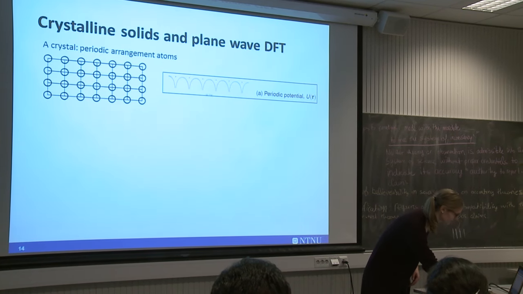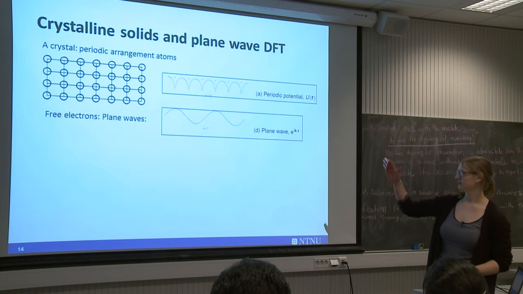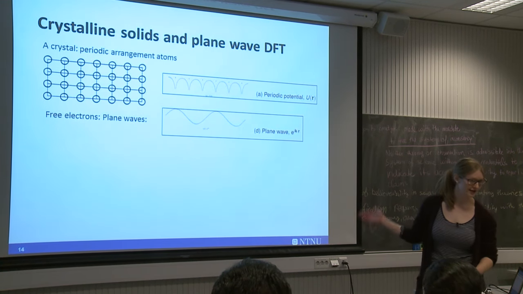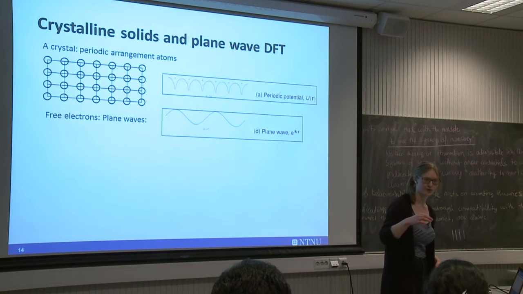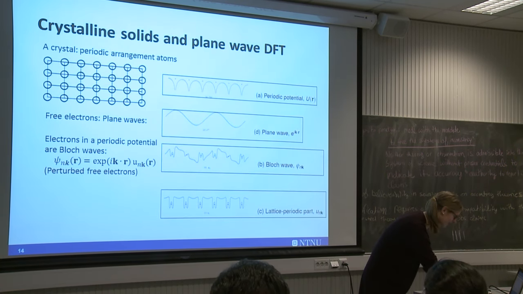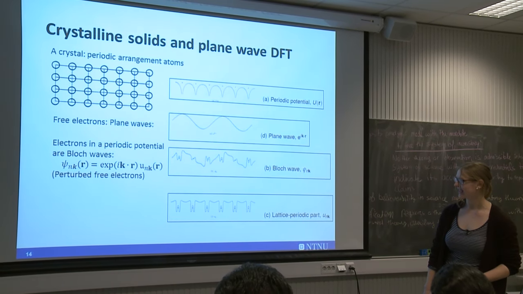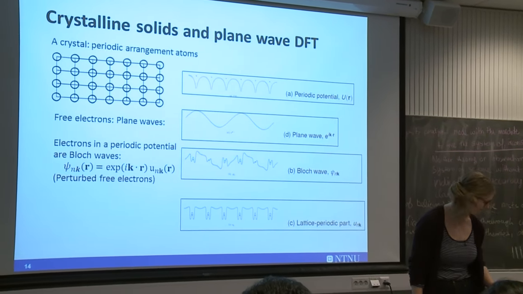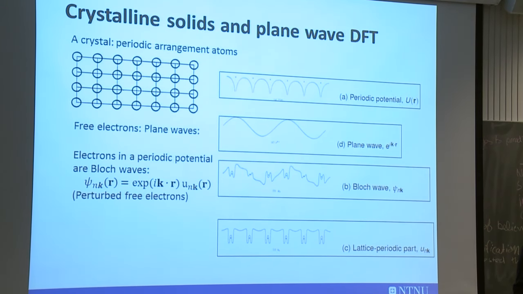Looks like this. A free electron is represented by a plane wave. This looks like this. But what happens if you put an electron in a crystal? How would the wave function look like? And this guy Bloch found out some nice things. The result is Bloch waves.